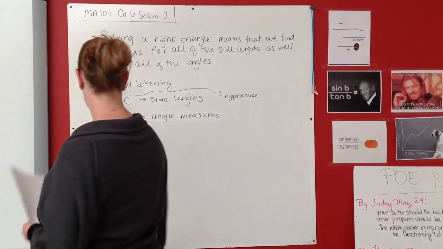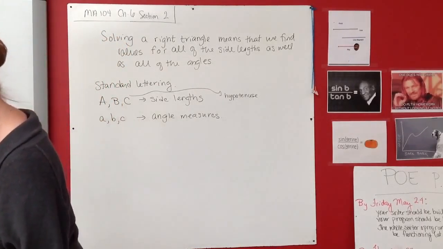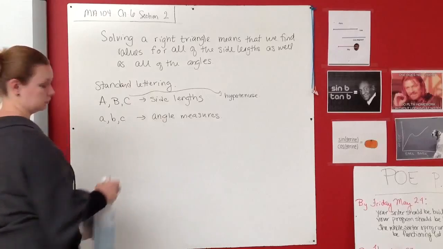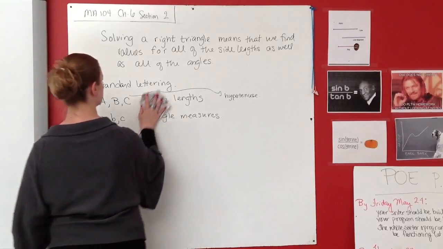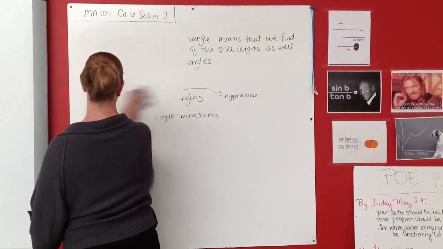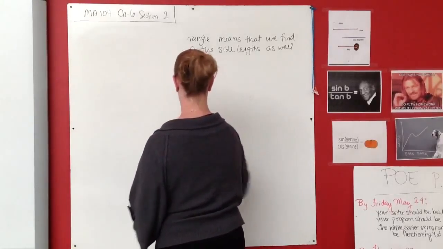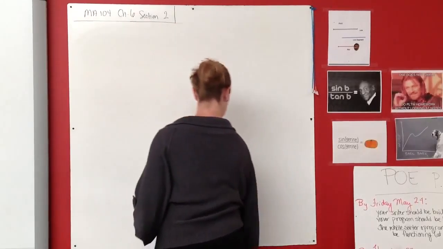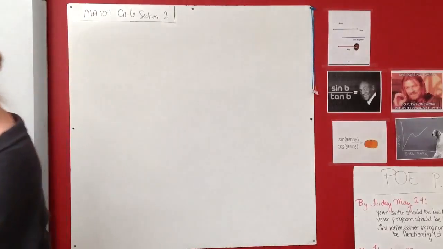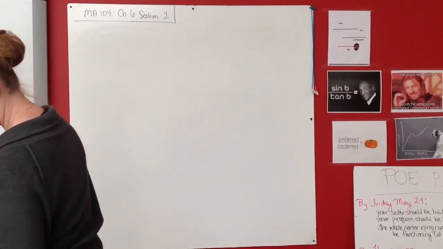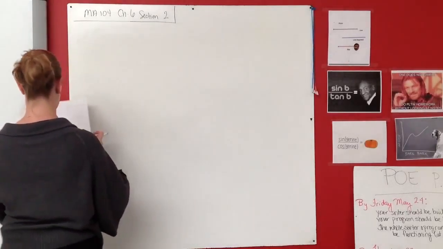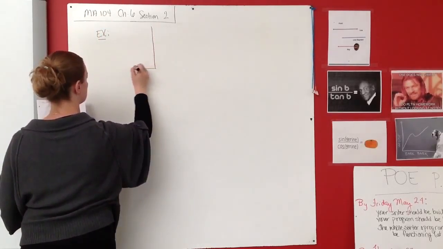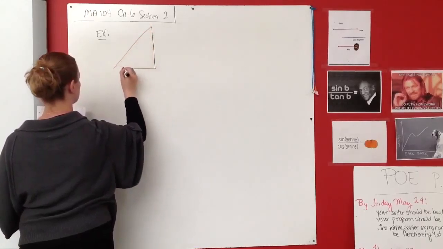So for example, actually let me erase this so we have some room. So for example, if we have the following triangle, and again, we're only talking about right triangles.